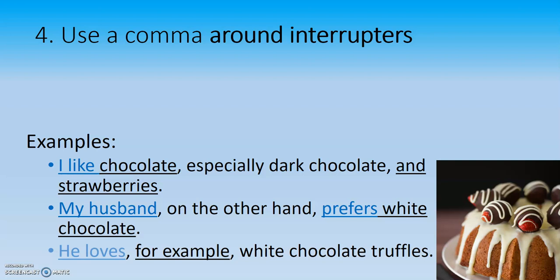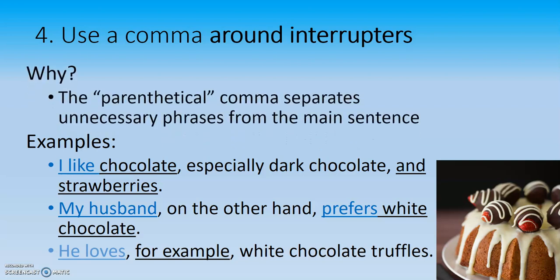And so this information is parenthetical. It's also called a parenthetical comma phrase. So this parenthetical phrase is unnecessary. The main sentence is, I like chocolate and strawberries. My husband prefers white chocolate. So notice how this transitional element, on the other hand, is interrupting the main sentence.